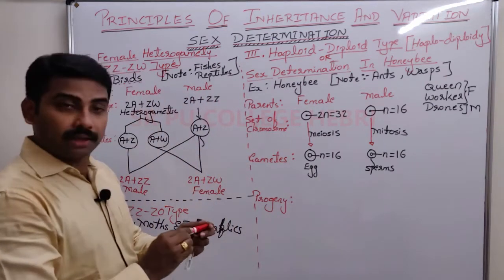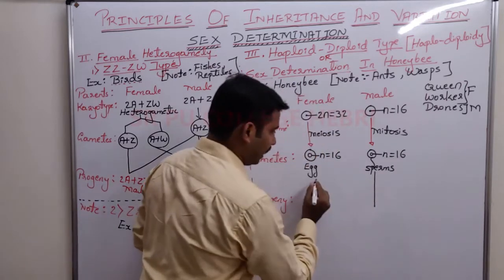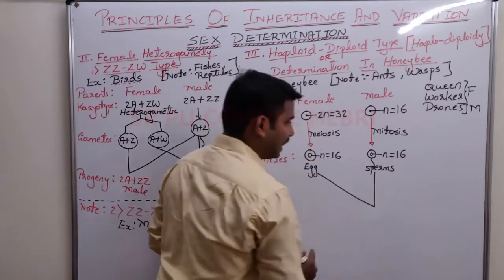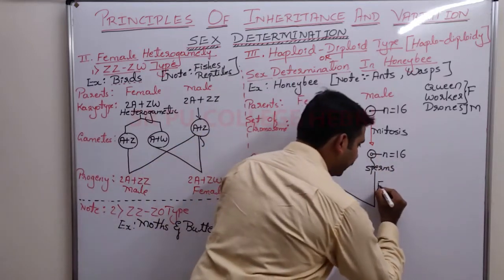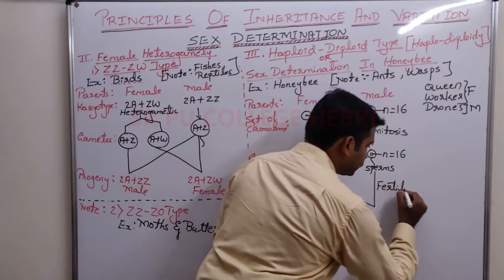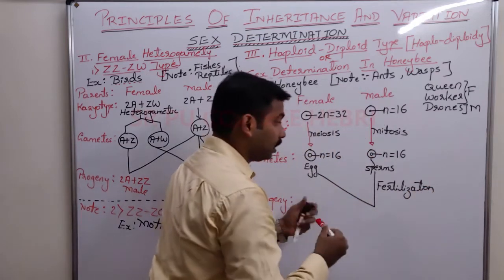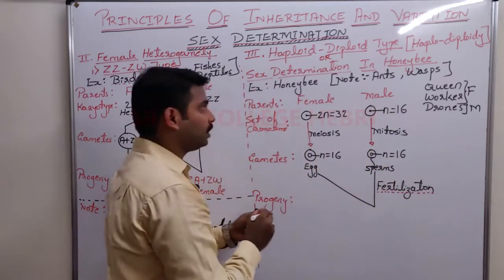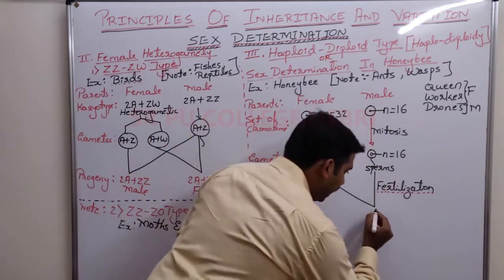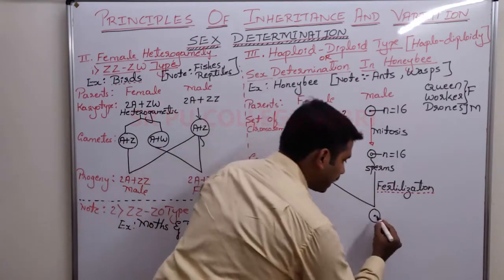Progeny. Okay, now suppose the egg formed by the female is fertilized by the sperm. Both egg and sperm have undergone fertilization. The young one which is going to be born, the baby which will be formed, is having n plus n.